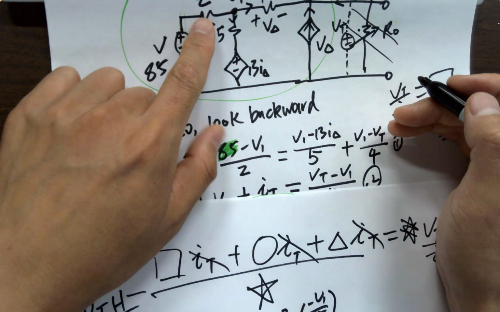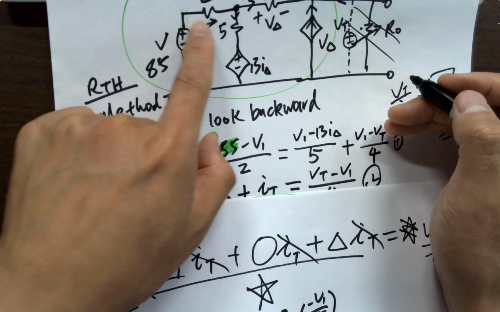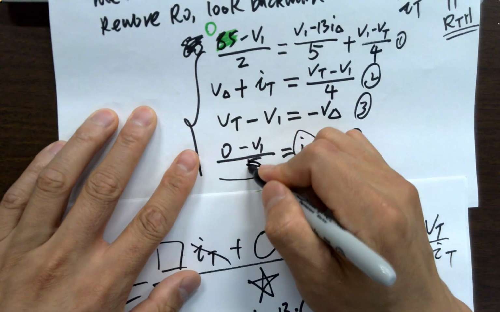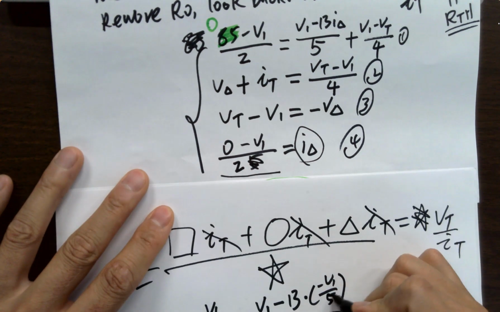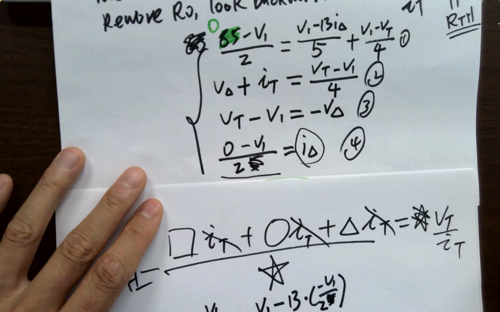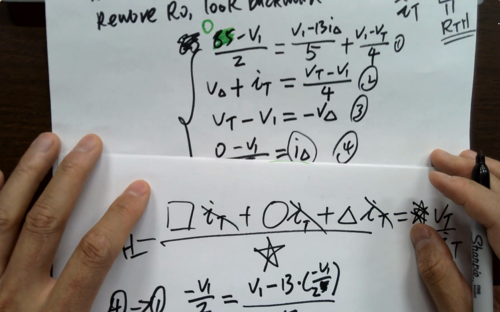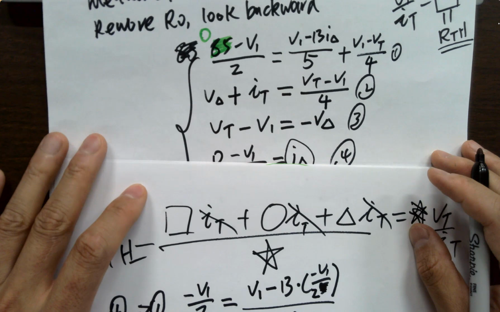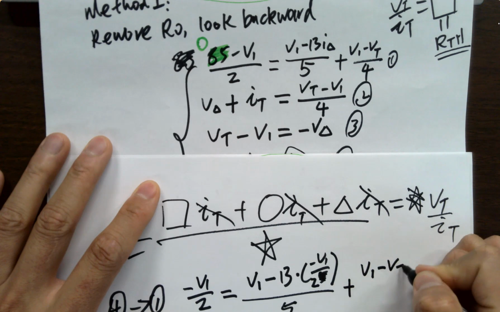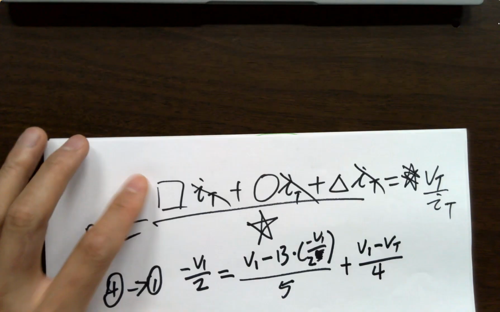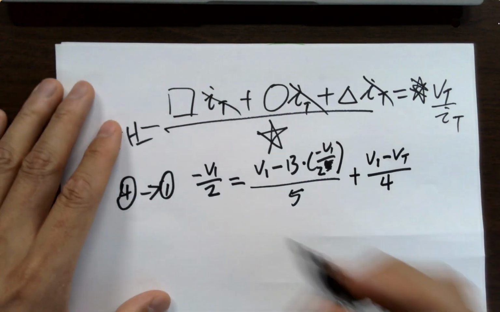I'm sorry, this is 2 ohms. So V1, this is 5, but this is 2. So 0 minus V1 over 2, not 5, plus V1 minus VT over 4 times 20 on both sides.